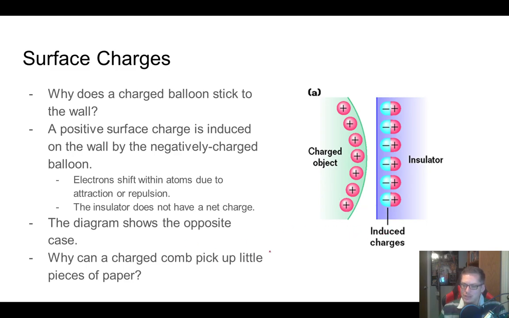So if you've ever had this experience, or like if you've ever played around when you were a little kid with packing peanuts or something like that, these little styrofoam balls kind of tend to stick to everything, and that's because they can actually get surface charges on them. So if you take a comb and rub it through your hair, just go crazy through your hair, and then take a piece of paper, tear it up into little pieces, your comb will actually be able to pick up the little pieces of paper.